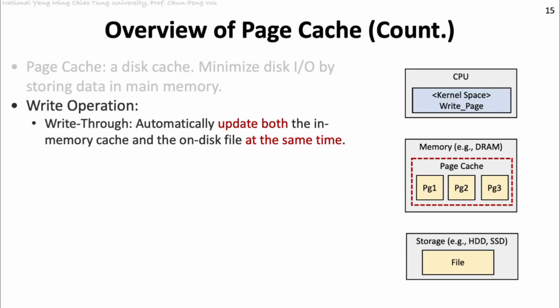So when we update the data in the memory, if it is write through, then we will also update the data inside the file in the storage device. So we can make sure both the memory and storage are in the same and latest version. There is no mismatch version here. Okay, so this is the write through.